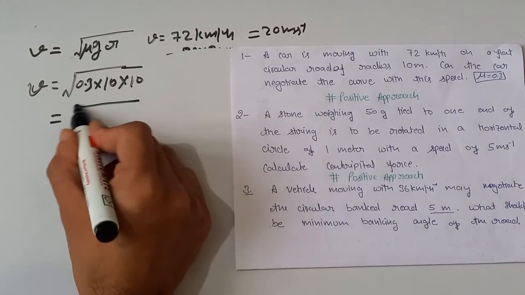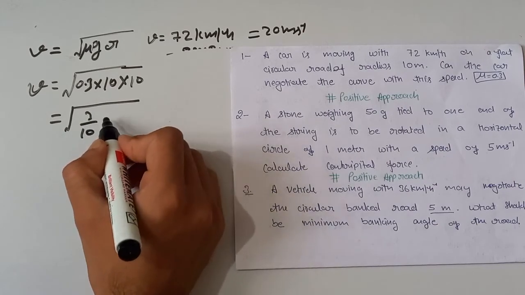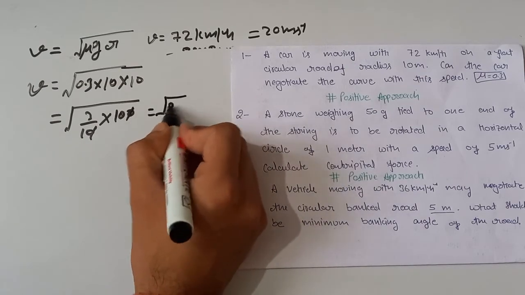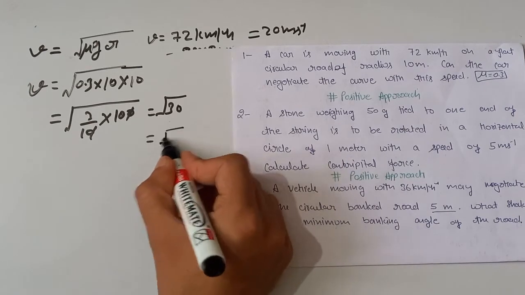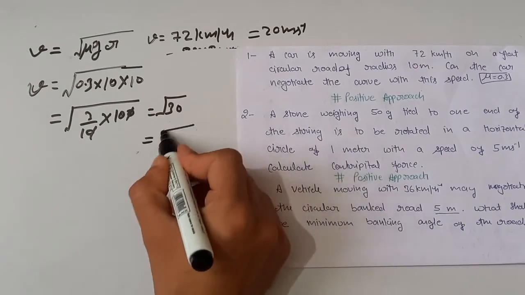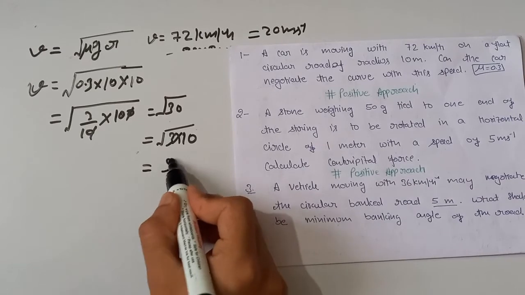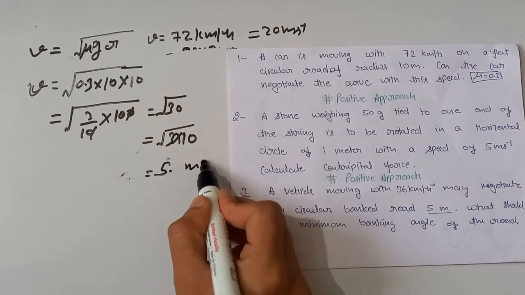That is under root of 3 by 10 into 100, which is equal to under root of 30, and this value is approximately 5 point something meter per second.